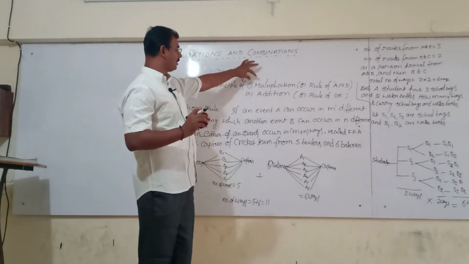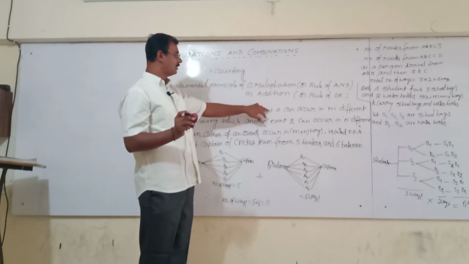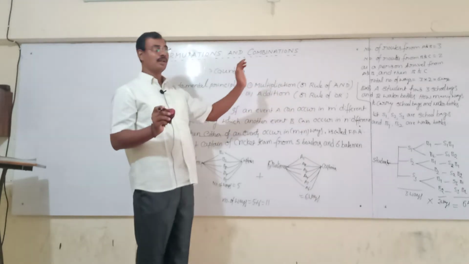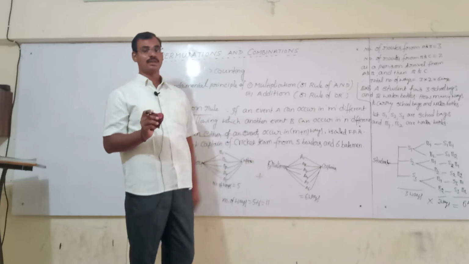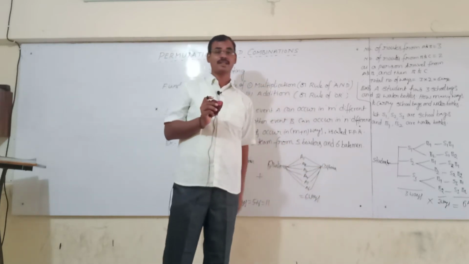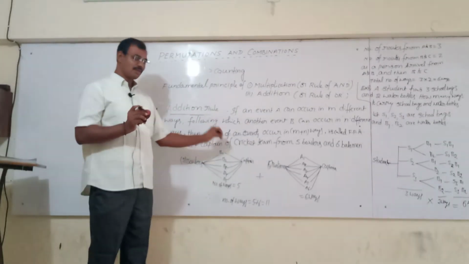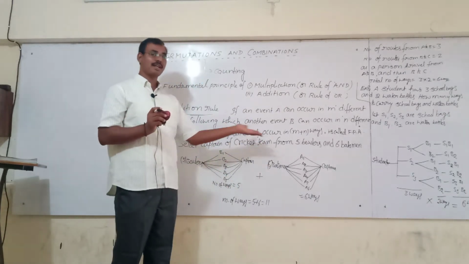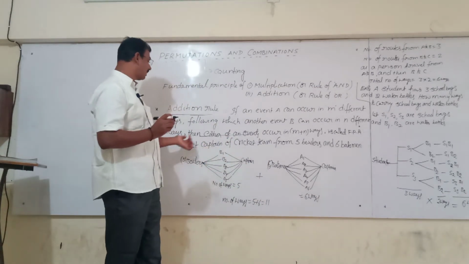Once again, I will state the definition. If the first work is done in m ways and the second work is done in n ways, then both works together can be done in m into n ways. That is, first work and second work both together. The addition rule is for either the first work or the second work, and that can be done in m plus n ways.